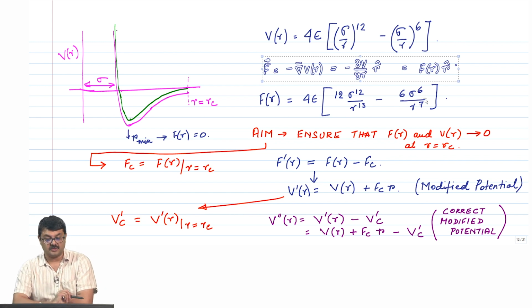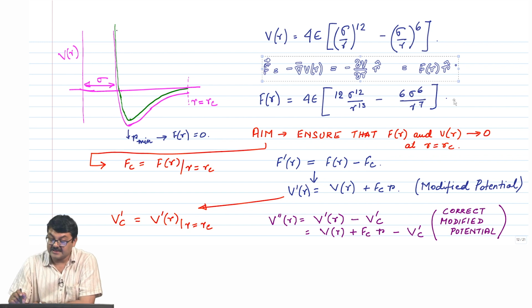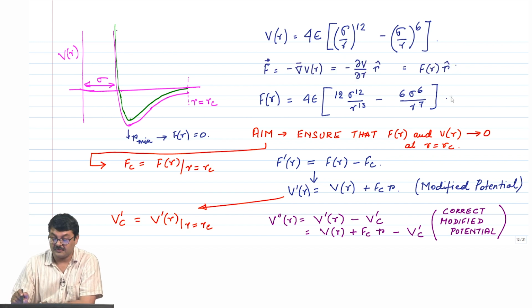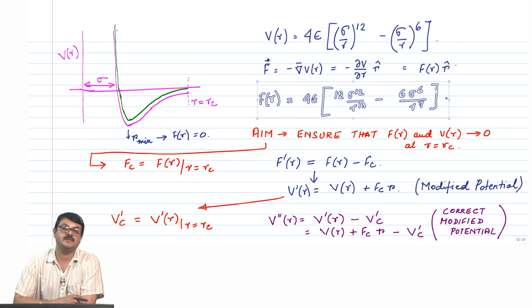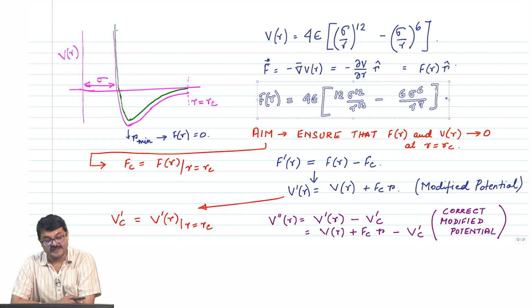You can just work it out, it is no big deal. We have to ensure that this expression of f of r goes smoothly to 0 at the cutoff and remains 0 for distances r greater than the cutoff distance, and the potential also goes smoothly to 0.